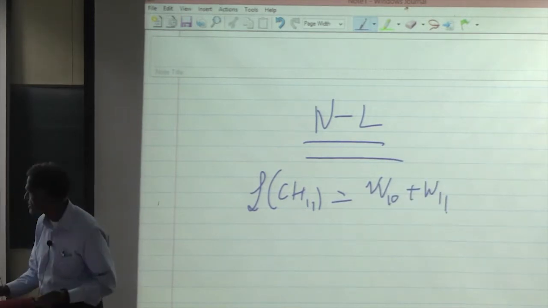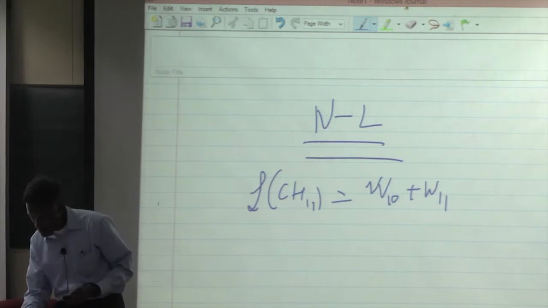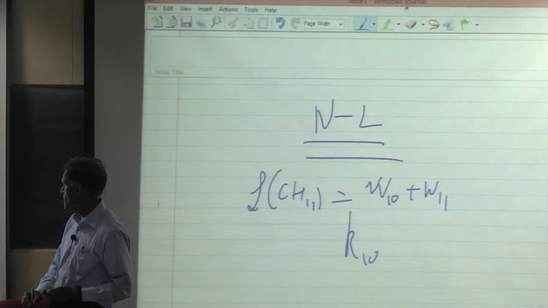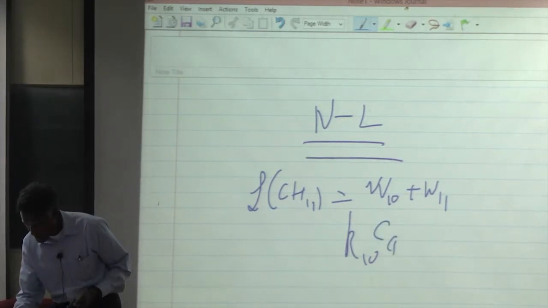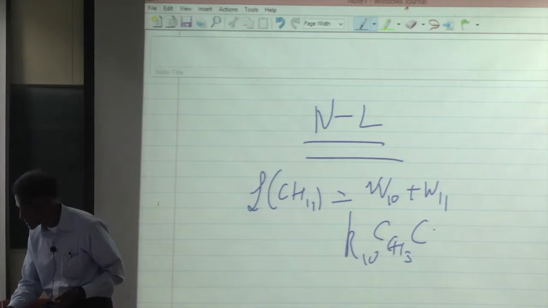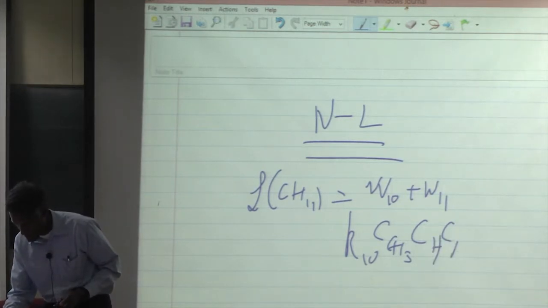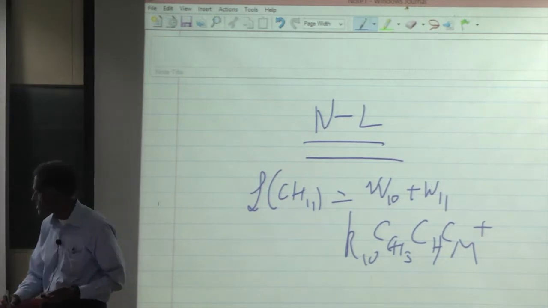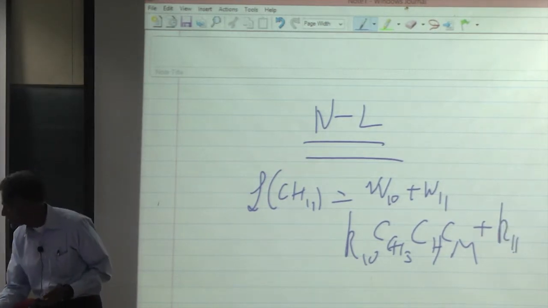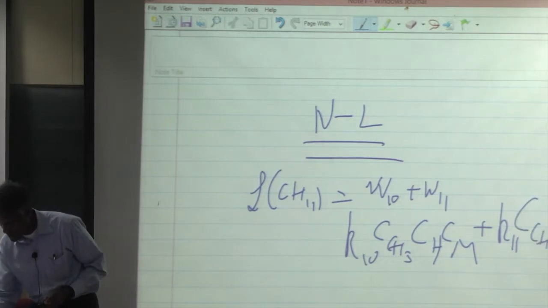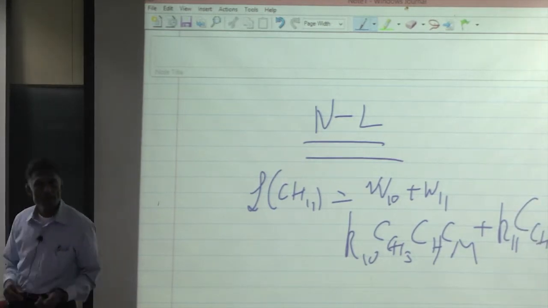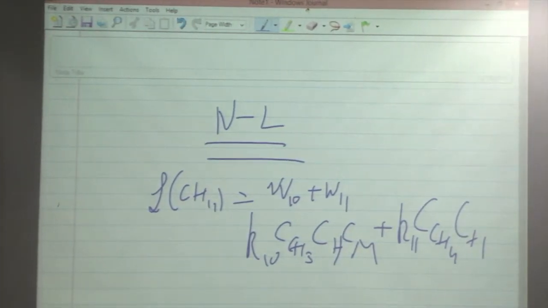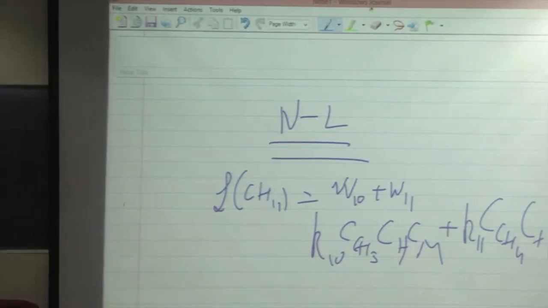W10 is the rate constant K10 times C of CH3, C of H, C of M, plus W11, which is K11 times C of CH4, C of H. That's it. Does that make sense? That's the way I'll write it.